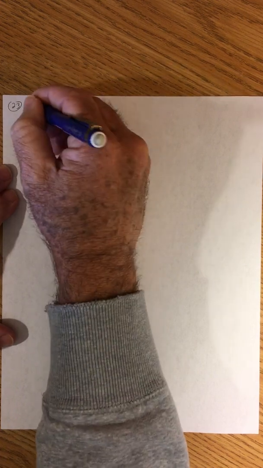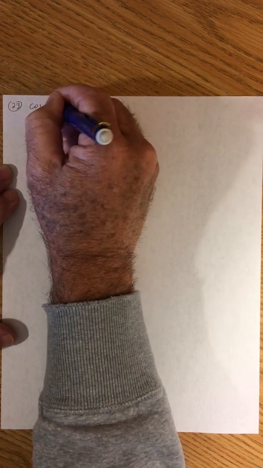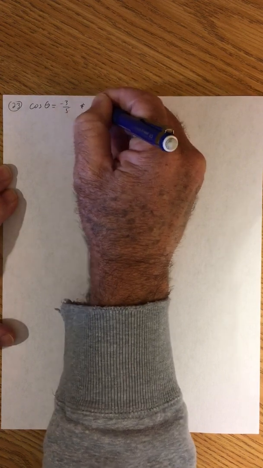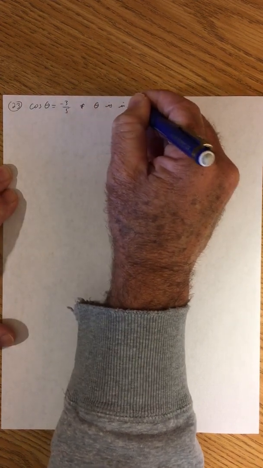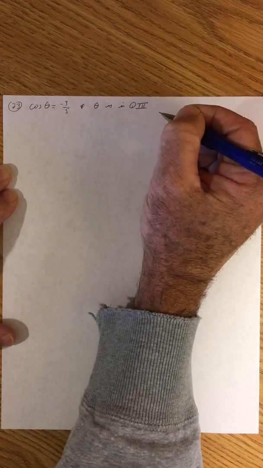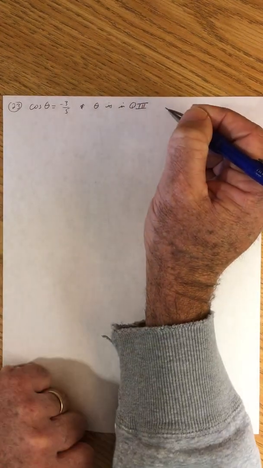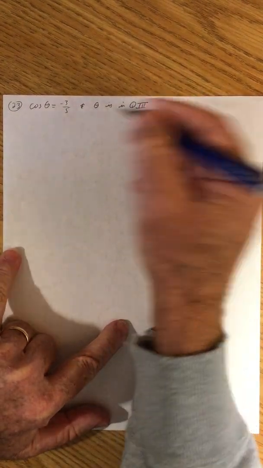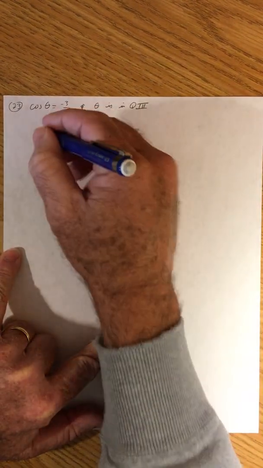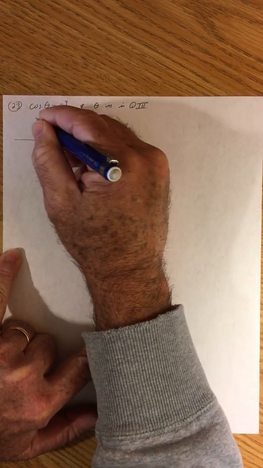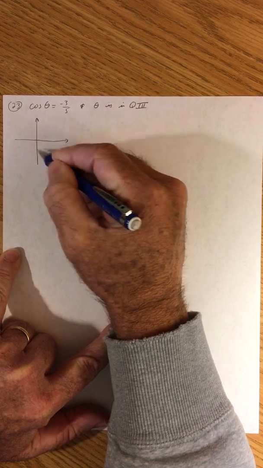Now, 23 says, given this information, cosine theta is equal to -3/5, and theta is in quadrant 3. Find the exact value of the other 5 trigonometric ratios. Okay, first thing we do is draw an angle in standard position. Quadrant 3 is this region right here.